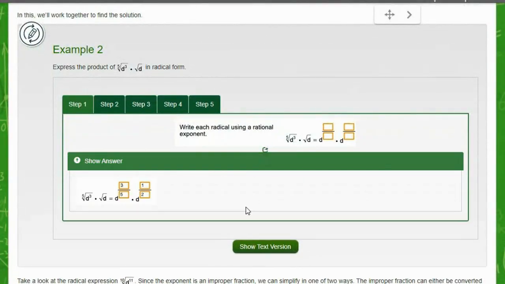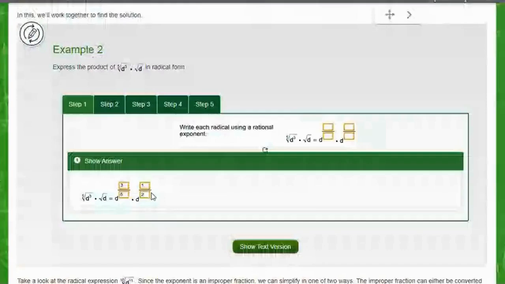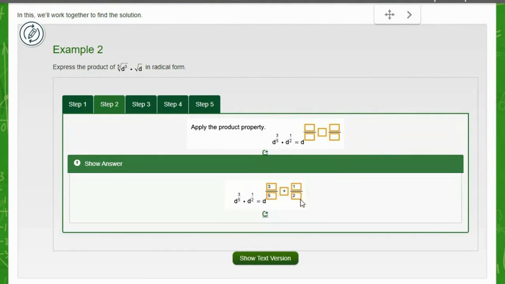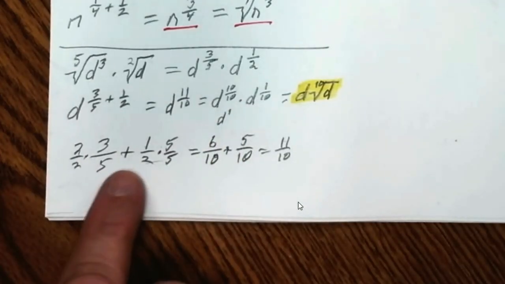Show the answer. Okay, step 1. Here's step 1, 3/5 times 1/2. So we did that. Step 2, apply the product property. That's what it said, 3/5 plus 1/2. So we were figuring the 3/5 plus 1/2 down here.